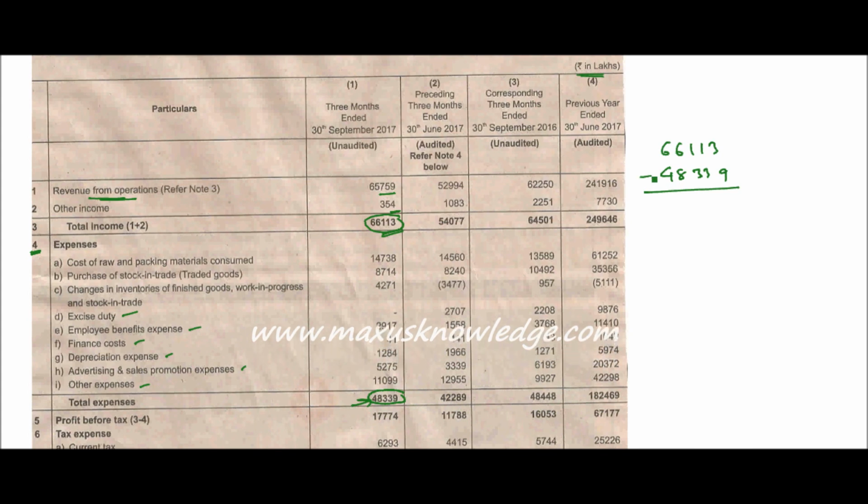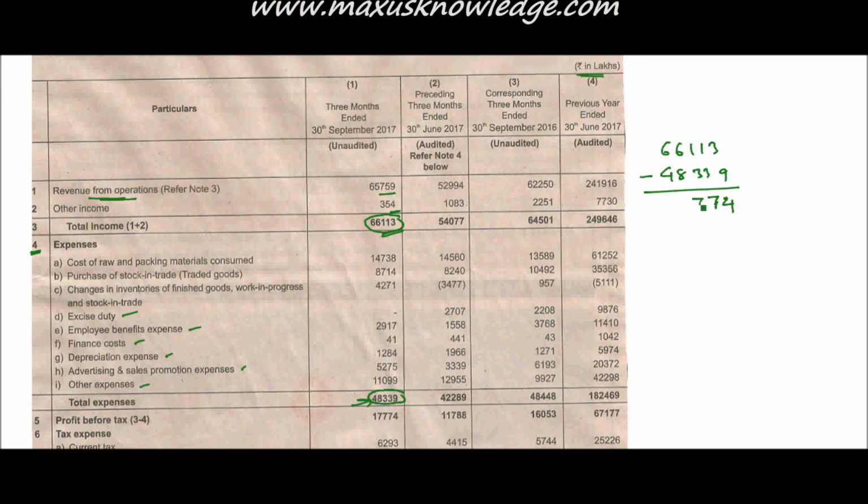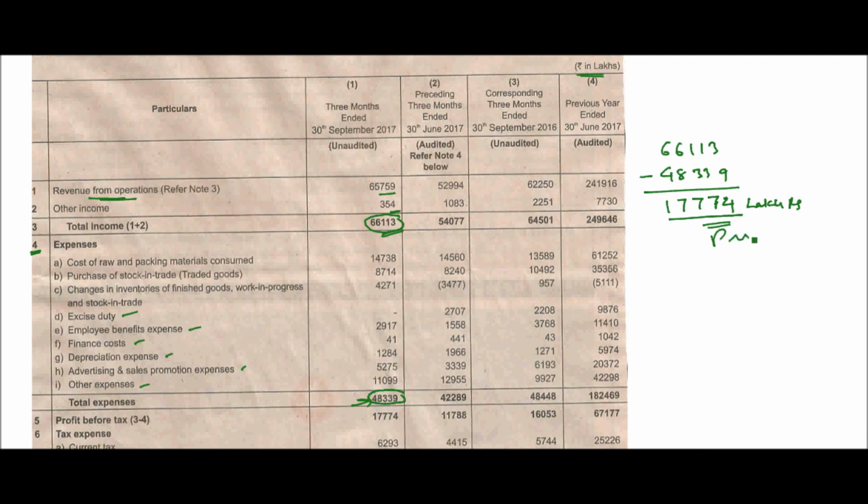So if we subtract the expenses from the revenue, we get 17774 lakh rupees, which is the profit. So that is what we have here. 17774 lakh rupees is the profit.